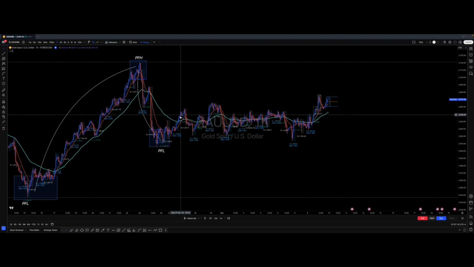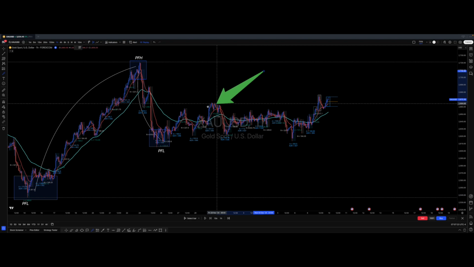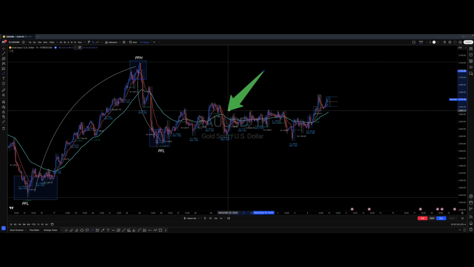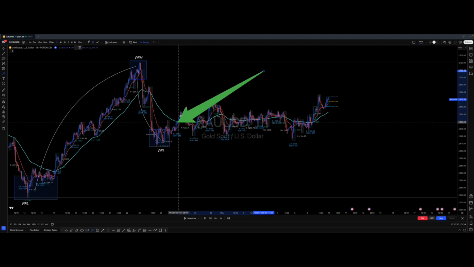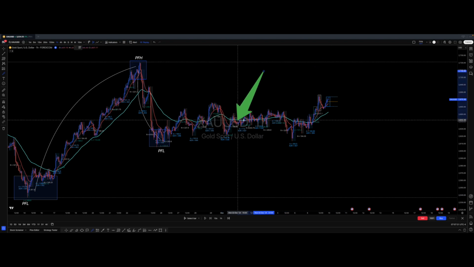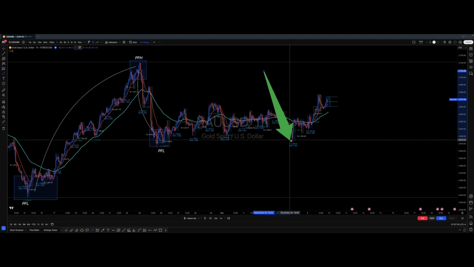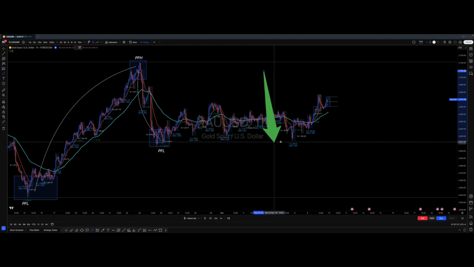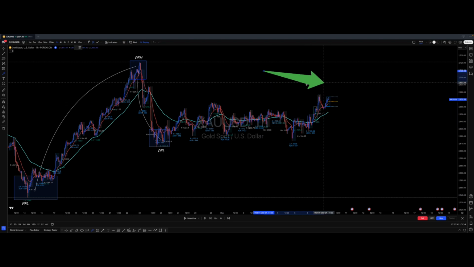Okay, market makers spend all this time going sideways, hoping to generate the orders that they needed essentially to make the move higher. But after doing all of that, they weren't able to do so, so they needed to grab orders that were down below this area. So they go down, grab the orders, and then they move out.